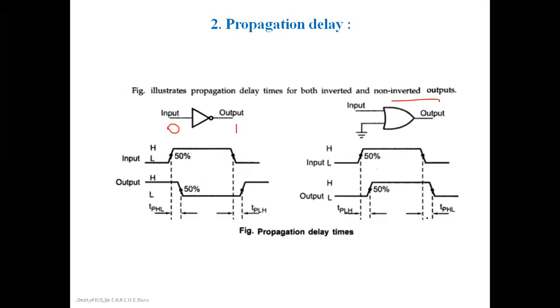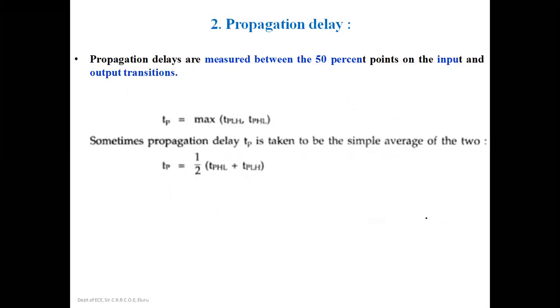Then how do we finally determine the propagation delay of the circuit? Here the propagation delays are measured between the 50% points on the input and output transitions, as we just saw in the previous slide.